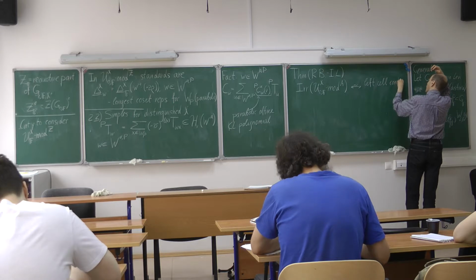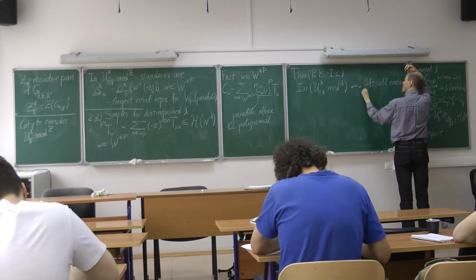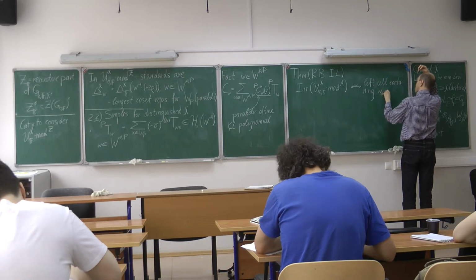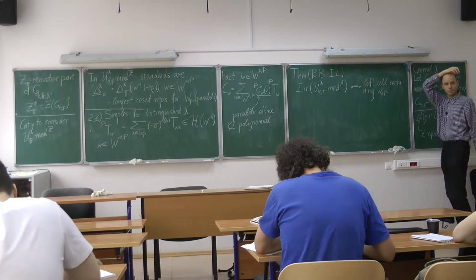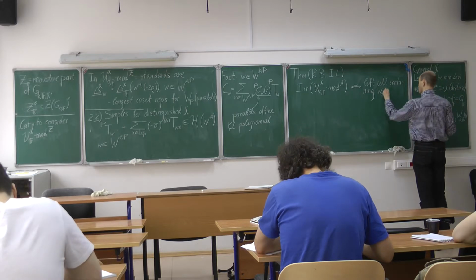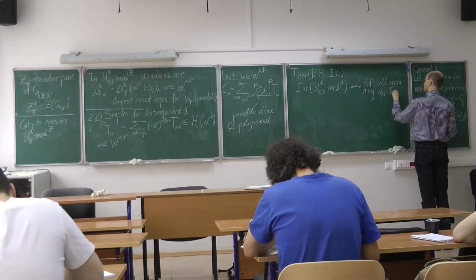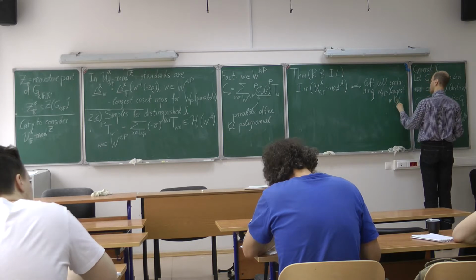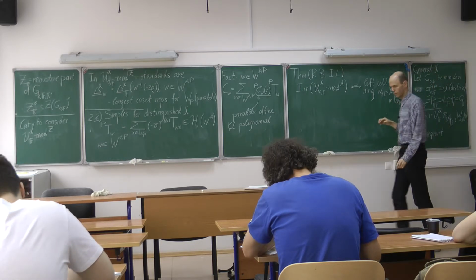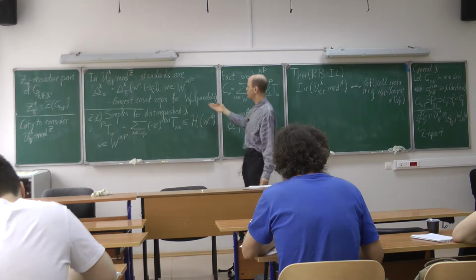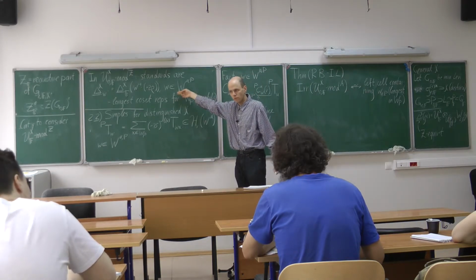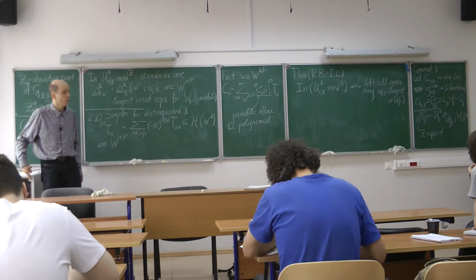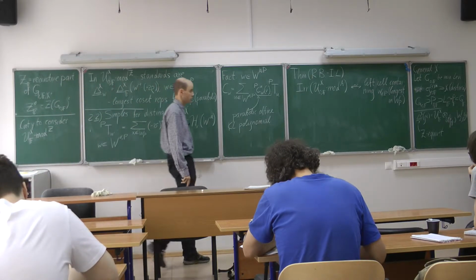containing the longest element in W sub p, W0. So this is the longest in W sub p, and also the shortest element in this set of maximal length representatives.